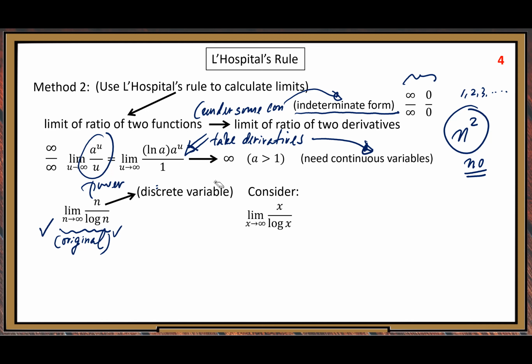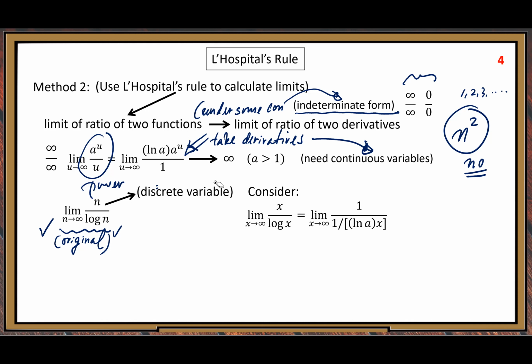In the numerator function, we change from n to x, but our x becomes a continuous variable. Similarly, in the denominator function, we change from log of n to log of x, with a continuous variable. After this change, we have no problem taking derivatives.